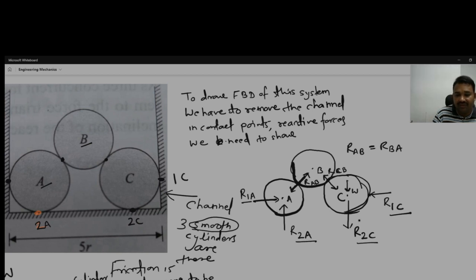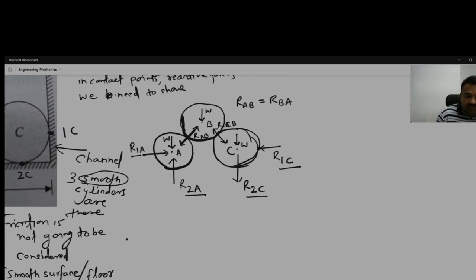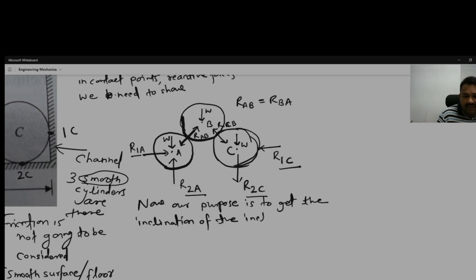The weight is the same for all, W here, W. So now our purpose is to get the inclination of the inclined reactions.